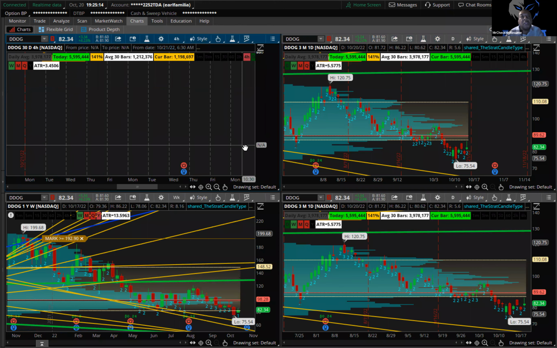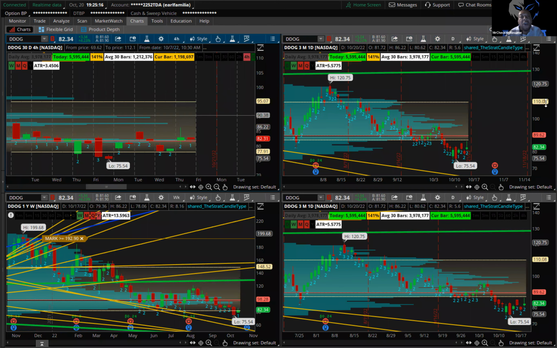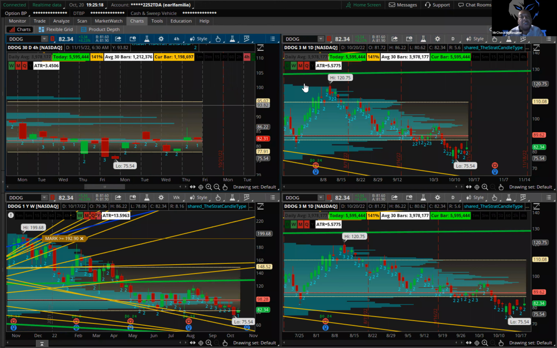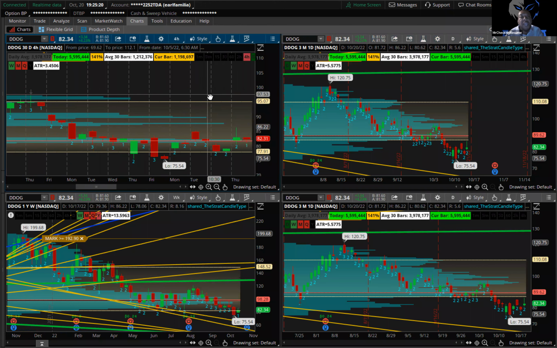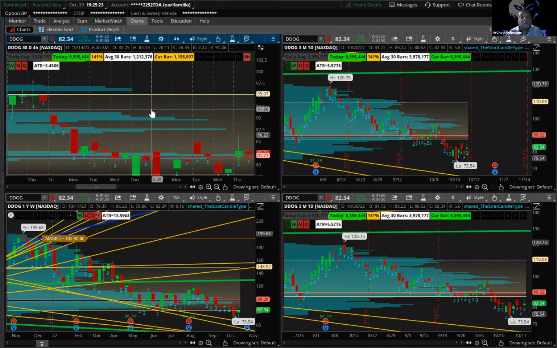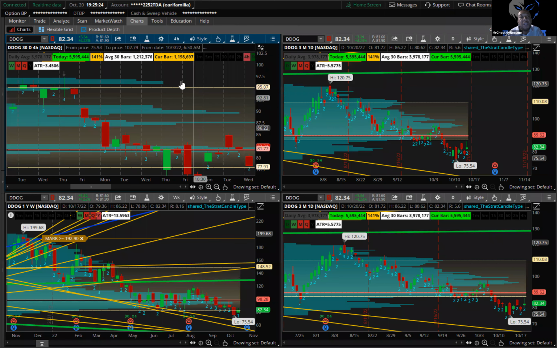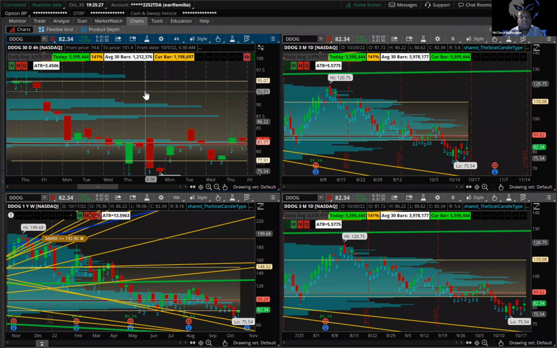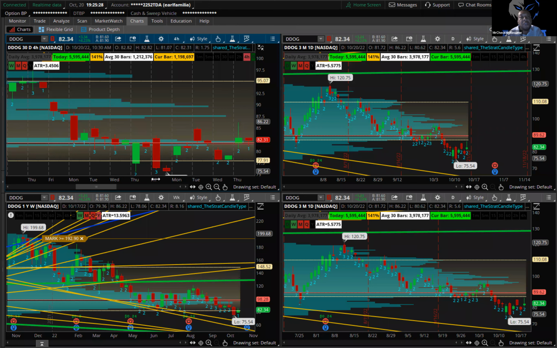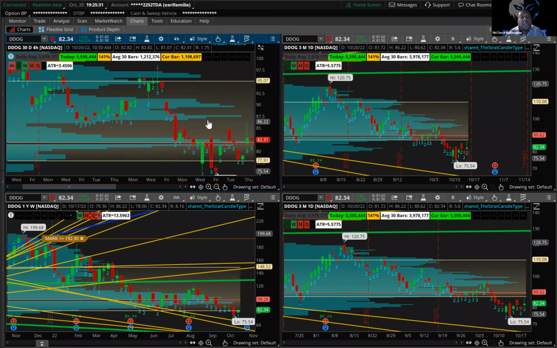So next one here, we want to talk about D-Dog, little cybersecurity. So it looks like we're in a volume gap on this one. This is good. Looks like today went and tested the other side of that gap, and obviously we're strongly sent back the other way.